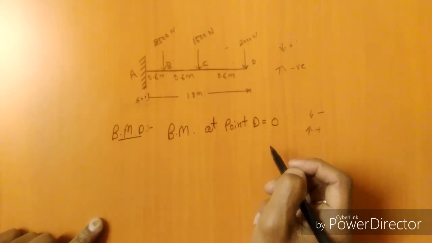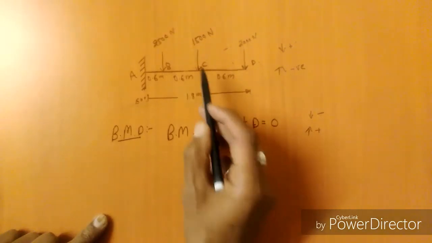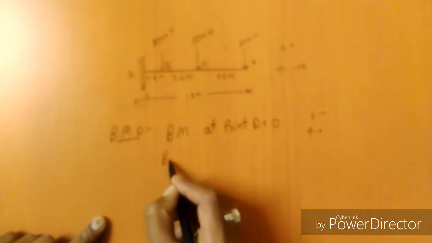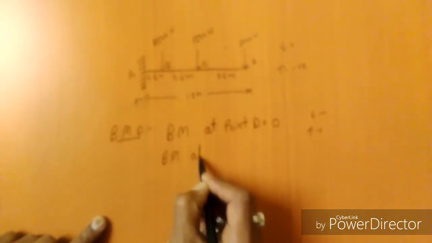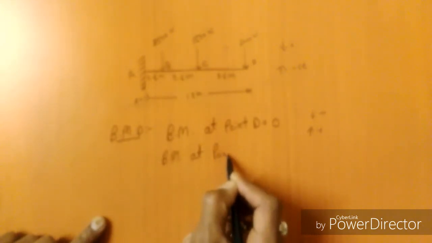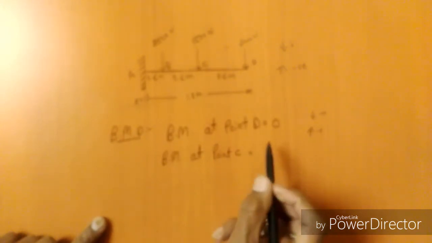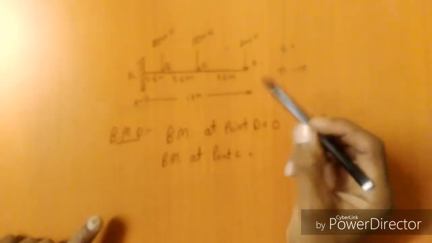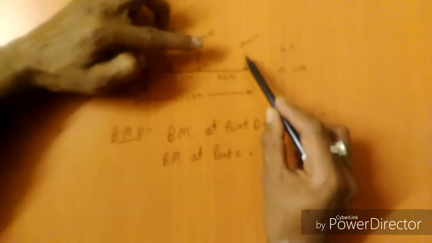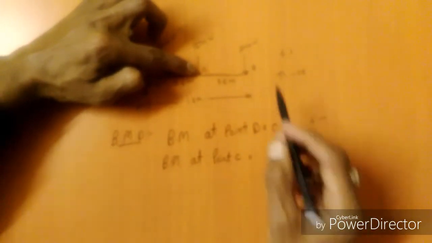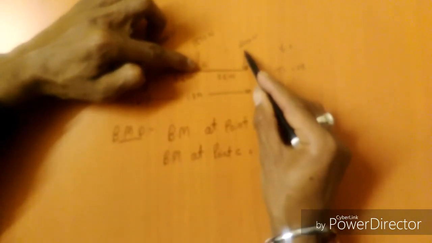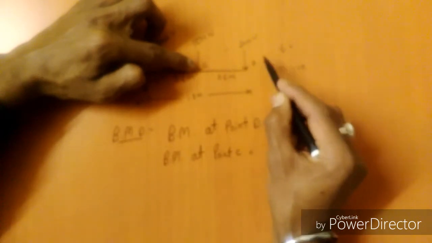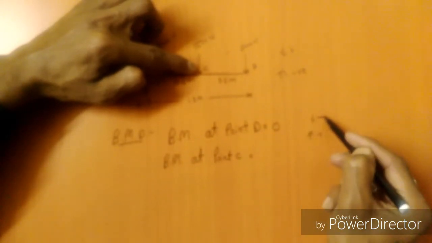एंड आफ्टर दैट बेंडिंग मोमेंट एट पॉइंट सी. अब यहाँ पे एक लोड लग रहा है तो बेंडिंग मोमेंट भी कुछ ना कुछ होगा ही जब लोड लग रहा है. सो बेंडिंग मोमेंट इज फोर्स इनटू परपेंडिकुलर डिस्टेंस. सो this force is downward in direction, so sign is negative.